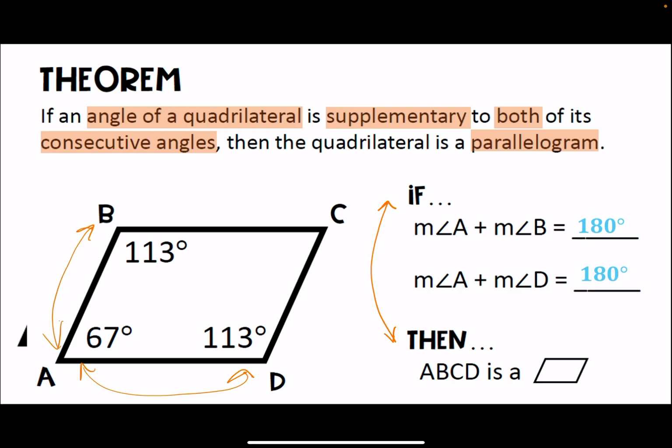And like I said, the converse holds true. So if ABCD is a parallelogram, then your consecutive angles, A and B, are going to be 180. A and D are going to be 180. By the way, it also means that B and C would equal 180.